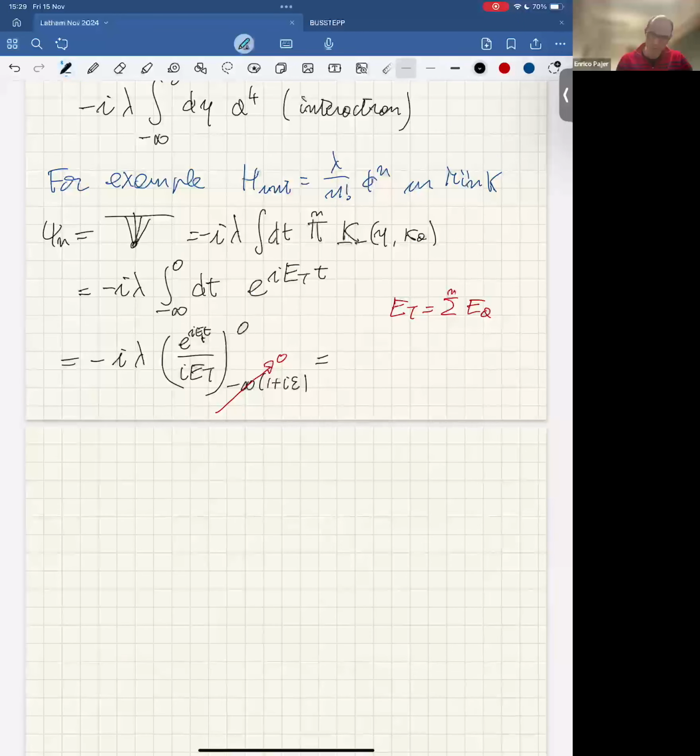And the upper part just gives me 1 over i E total. The i cancels. And so the result is minus lambda over E total. The n factorial also canceled. Great.